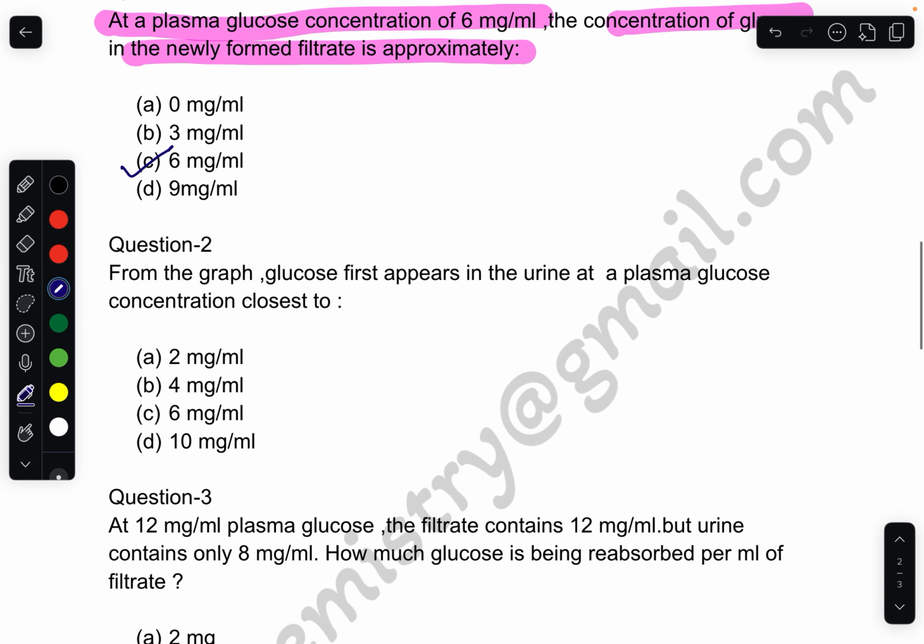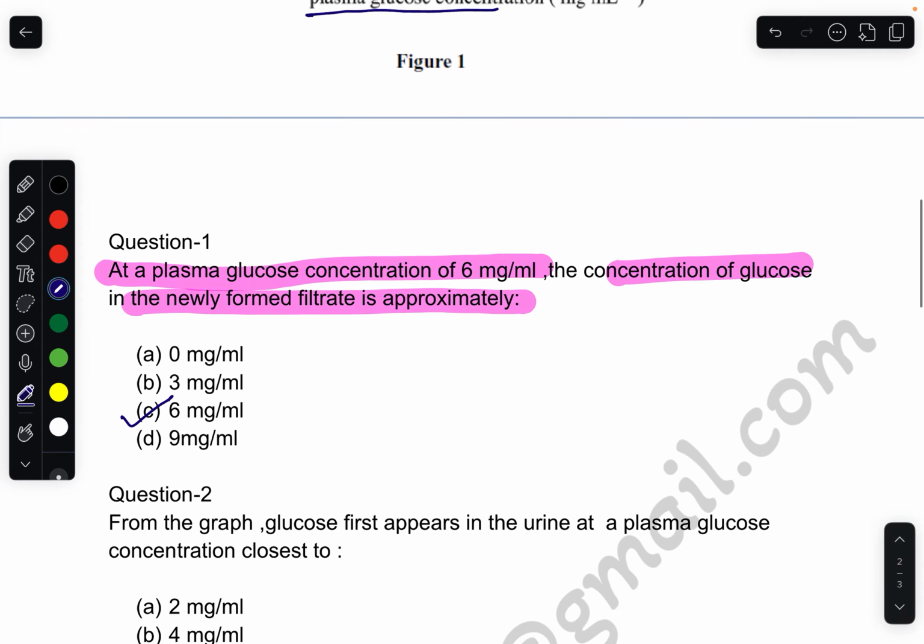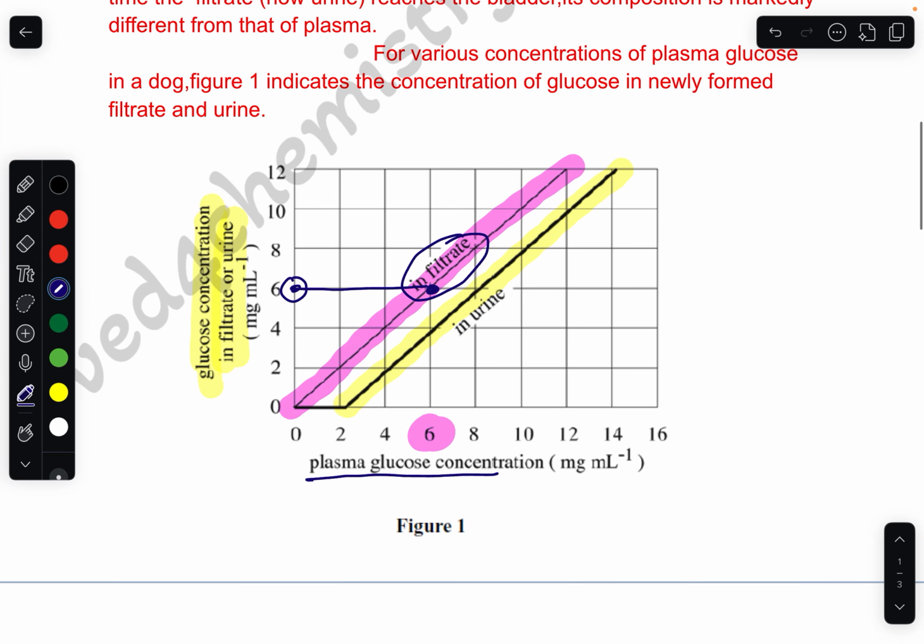Now the next question: from the graph, glucose first appears in the urine at a plasma glucose concentration closest to what? As you can see, urine starts at 0, and then the glucose concentration in urine, which is 2 mg per ml, appears at 4.